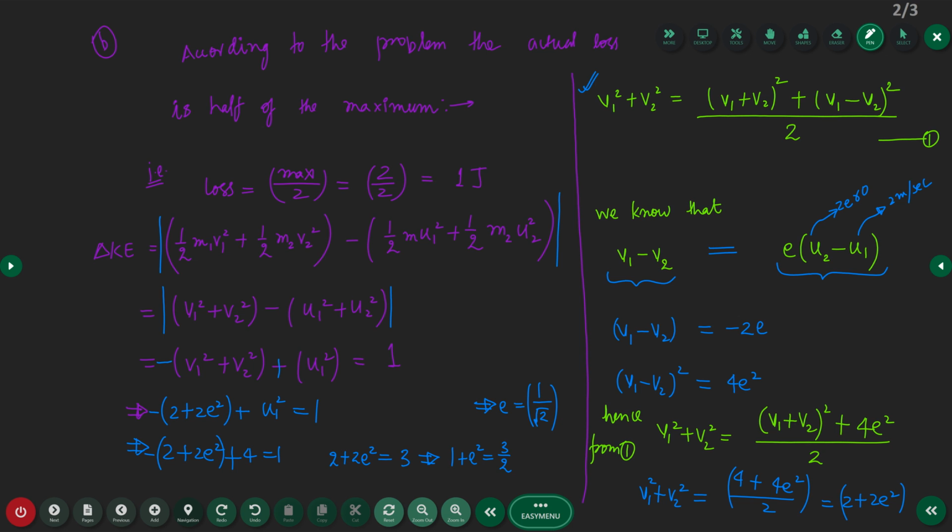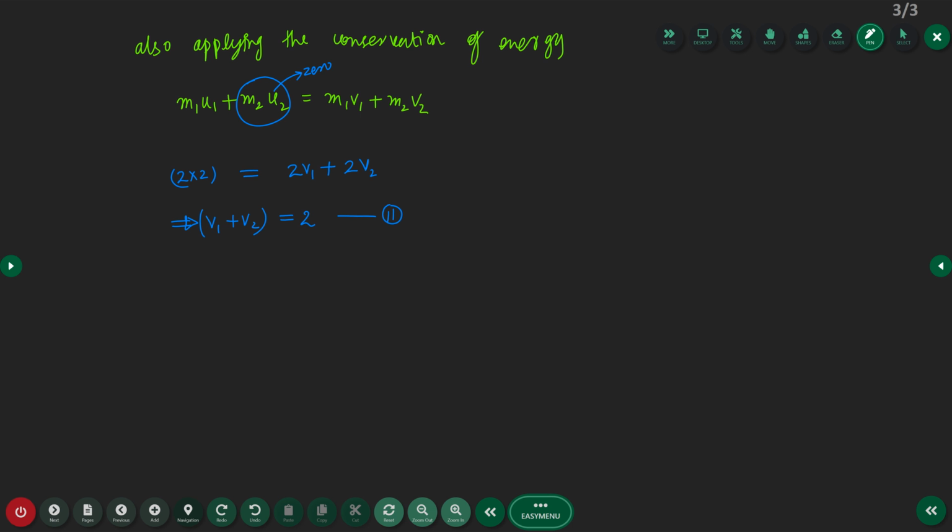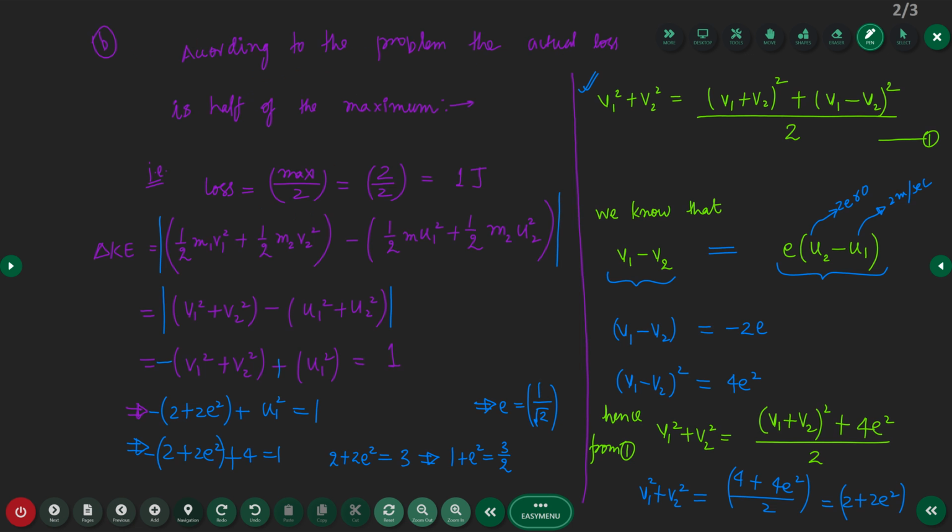So we have got the value of v1 square plus v2 square and substituted the value of v1 minus v2 and v1 plus v2 using the conservation of momentum equation, right?